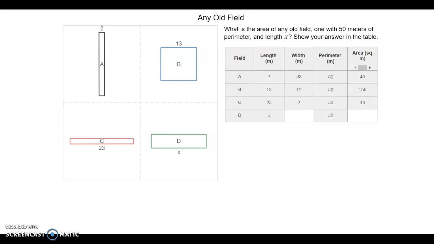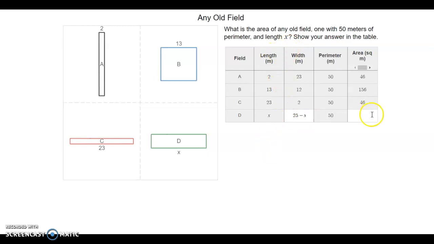So we don't necessarily know what that field was. But what I do know is if it's evenly distributed, we would know the width would be 25 minus our length. Because we don't know what the length is, but we can take a darn good guess and say that the width is 25 minus x, whatever 25 minus x is going to give us our width.